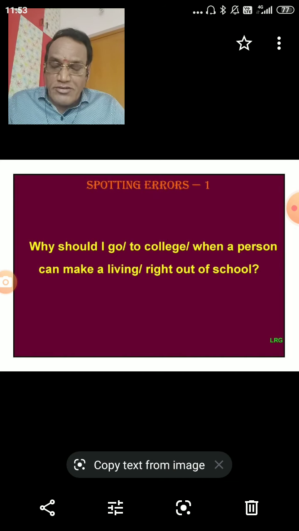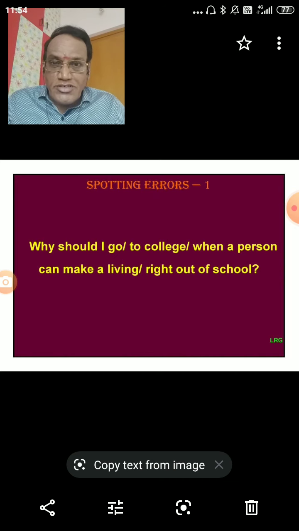Nowadays it has become very common. Whenever you use an indefinite subject like someone, somebody, a person, without reference to the male or the female, feminine or masculine gender, usually to avoid reference to the gender, we use the plural pronoun they.